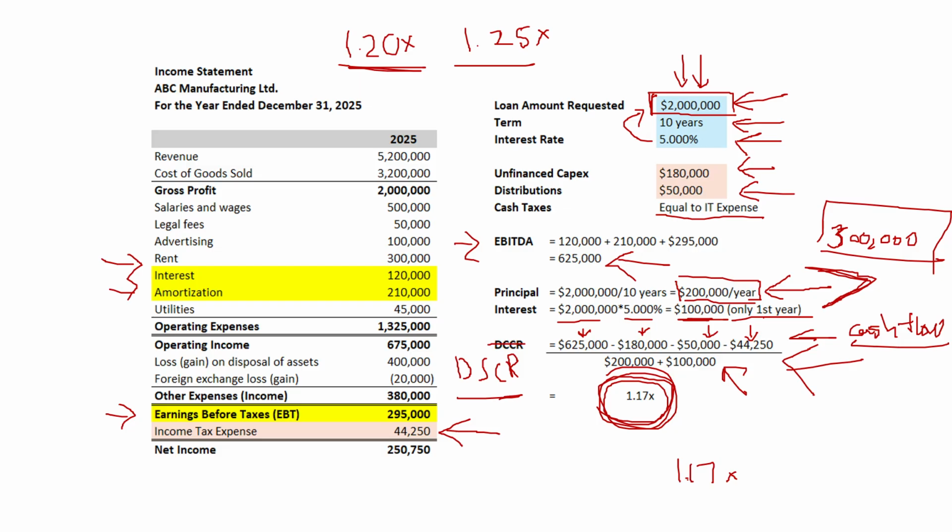Do we start limiting their distributions? The 50,000 distributions here, that's basically the company taking out an amount of money for whatever purpose. We say, okay, no more distributions, right? If the ratio starts to fall, et cetera. So this really helps.